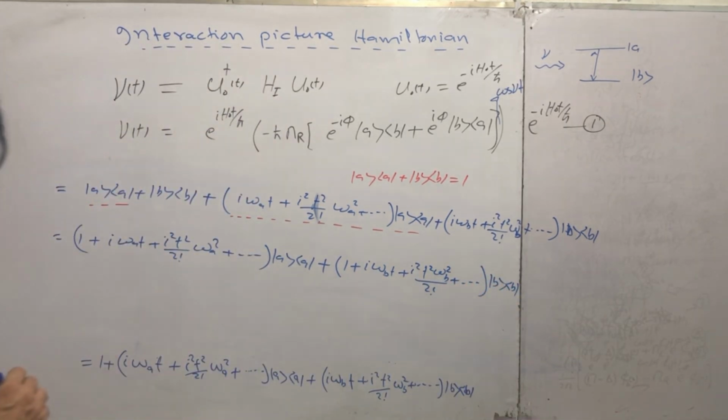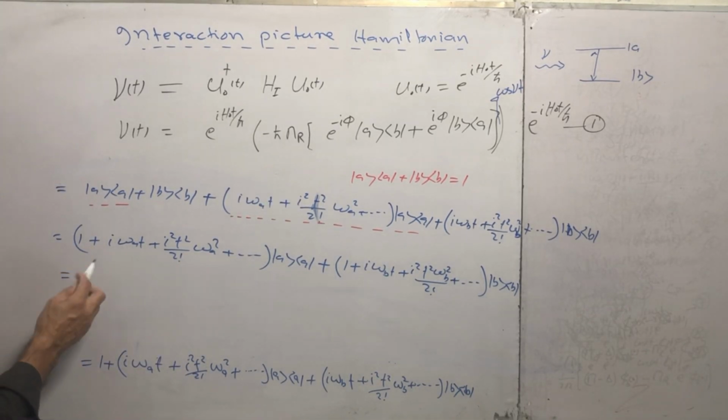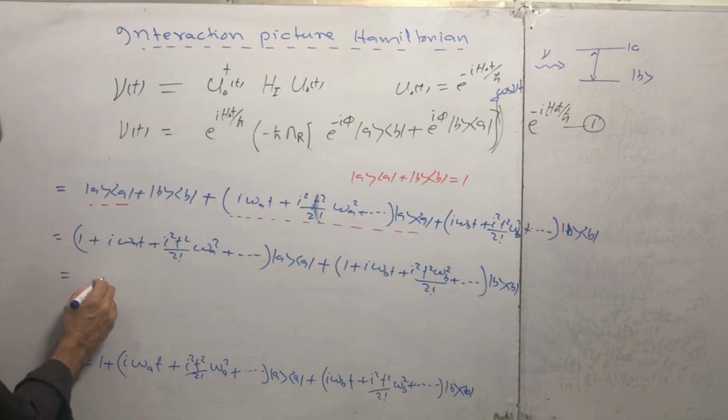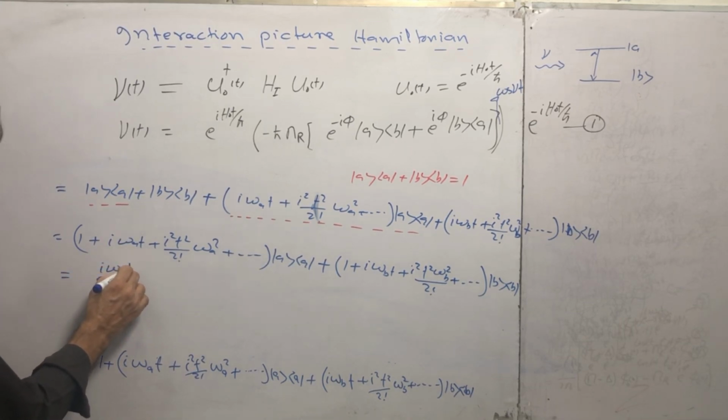Now it's simple because this term is the exponential term, and this is equal to e to the power iota omega a t.